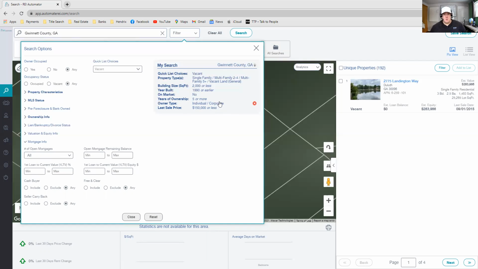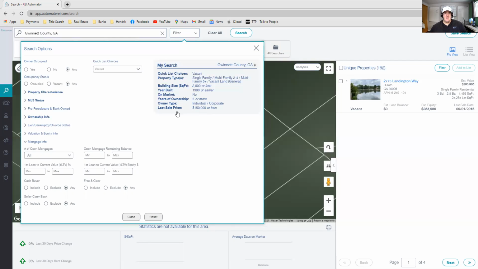And there's also trust properties. So if the owner of the property is a trust, it's a little bit different, but it's essentially another entity that owns that property.